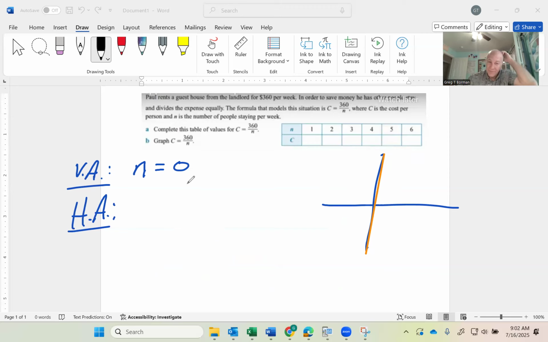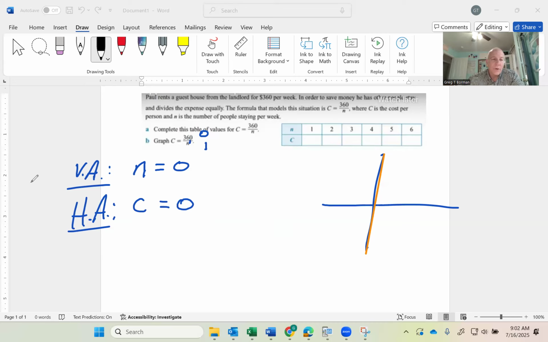Okay, so for horizontal asymptotes, let's see. The degree of the numerator is zero because there are no x's there, and the degree of the denominator is one because it's just n to the one power. And so because the degree of the denominator is bigger than the degree of the numerator, there will be a horizontal asymptote, and it will be y equals zero.